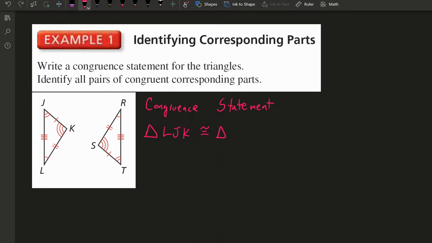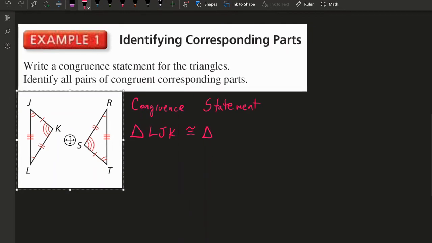So, angle L has this one angle mark right there, so it has to correspond to the other one with only one mark. So that would be R. So that means I'm going to go triangle R. So I went L to J to K, 1 mark to 2 marks to 3 marks. So that means I would go R to T to S. And that's the congruent statement.